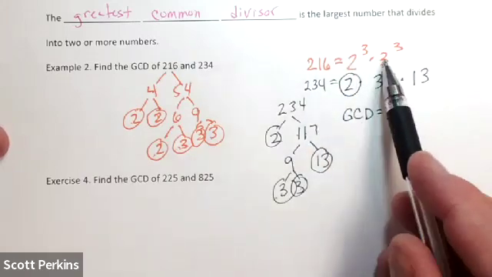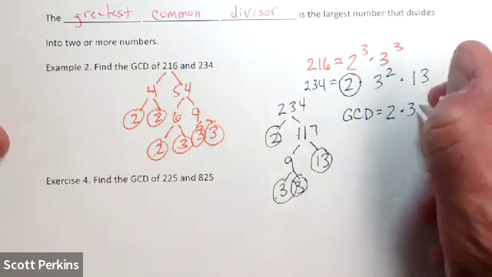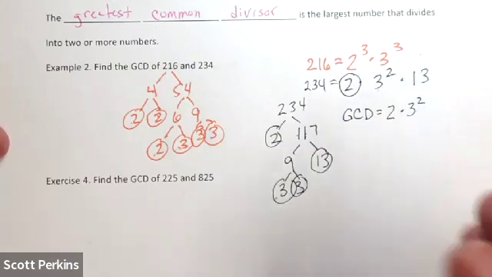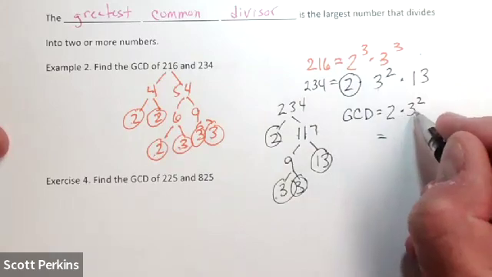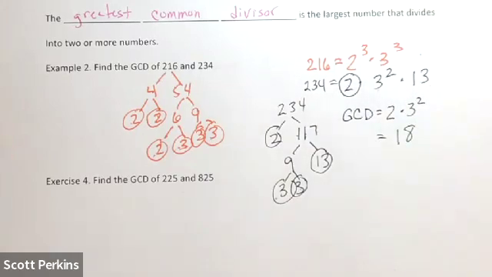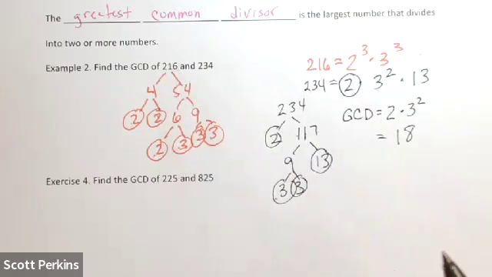They both share a 3, so I'm going to take the smallest power of 3. That's 3 squared. They both don't share 13, so I'm not going to include 13 at all. So I have 2 times 3 times 3, that's 2 times 9. 18 is the largest number that divides into both 216 and 234.